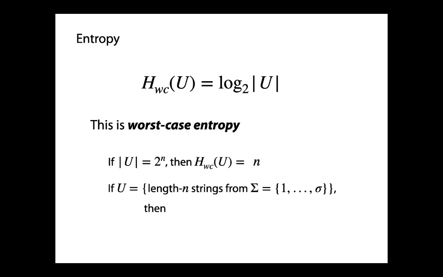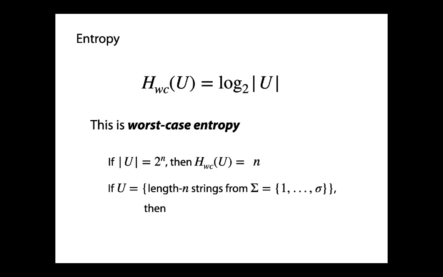Let's say now that the universe is the set of all length n strings from a certain alphabet sigma, where sigma has small sigma different symbols in it. So there's an alphabet big sigma, it's got symbols in it, and we'll call them 1, 2, 3 up to little sigma. So what's the worst case entropy of this set?